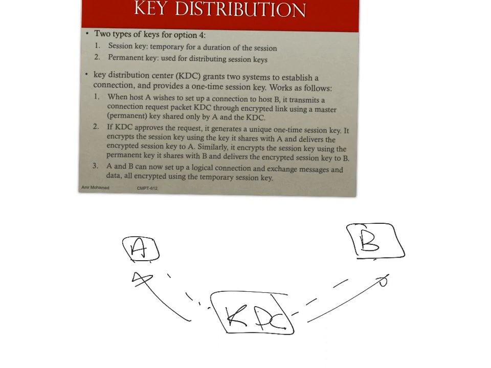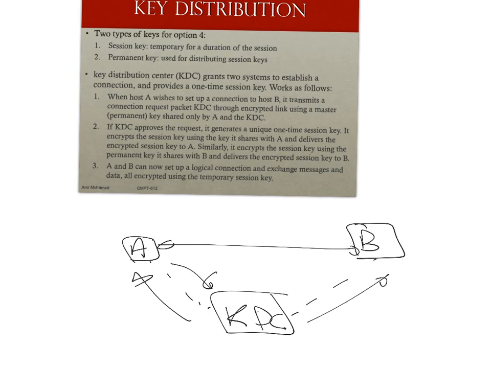A will send a request to the KDC to say, I'm interested to communicate with B. And of course, as part of this, A has to prove its identity, as we'll see. B will do the same, independently. Then the KDC will send the same key to A and B, and once this key is delivered through this secure communication, A and B will start to communicate using that key.